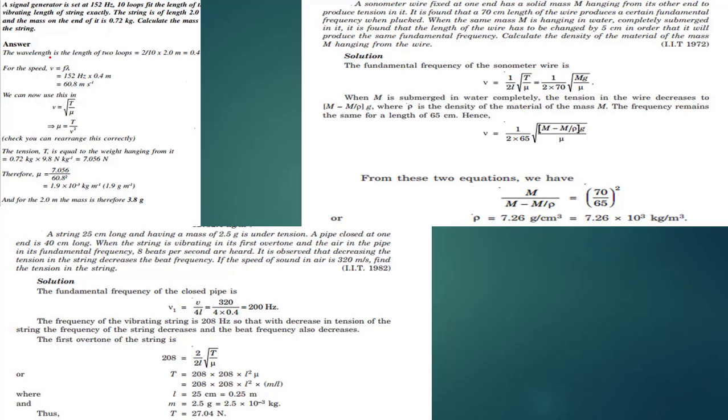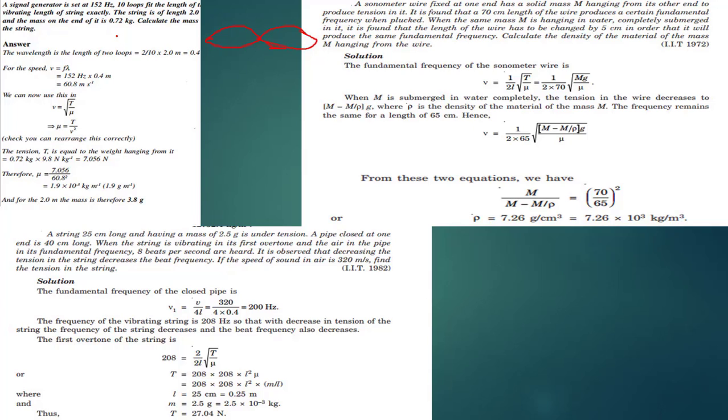So the wavelength is the length of two loops. Obvious. As I said kwamba one loop namna hii ni half wave. Another loop, I think you remember this, hii ni one wavelength. So having 10 loops, it means you are having 5 wavelengths.